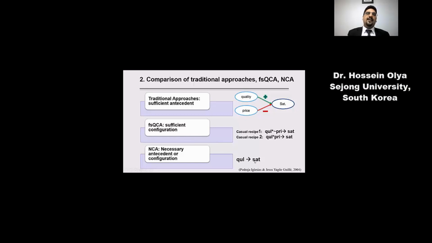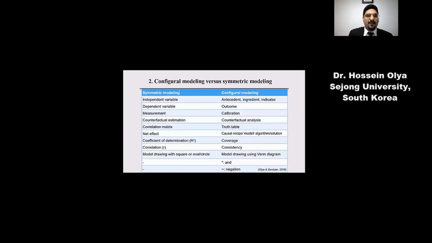It means that customers believe that the quality of the food is key and necessary for their satisfaction. Although maybe price is sufficient, is important, it is not necessary for the satisfaction. So I hope that you get some ideas about the function of each method.